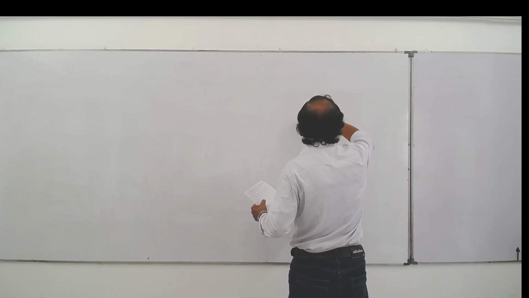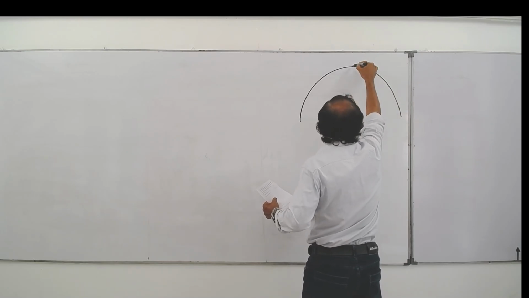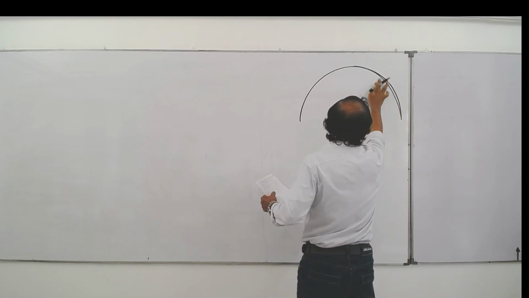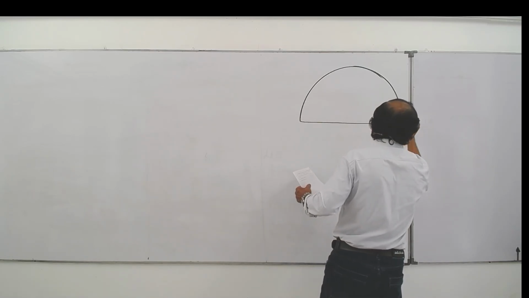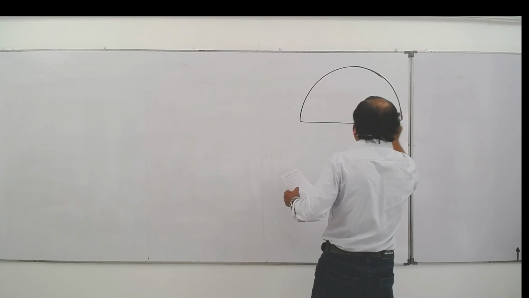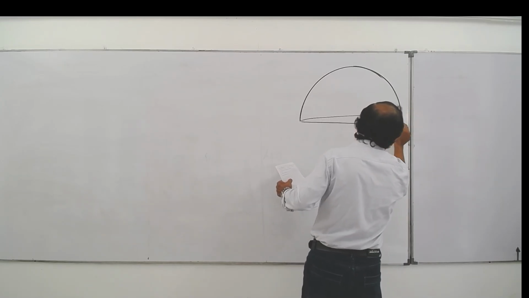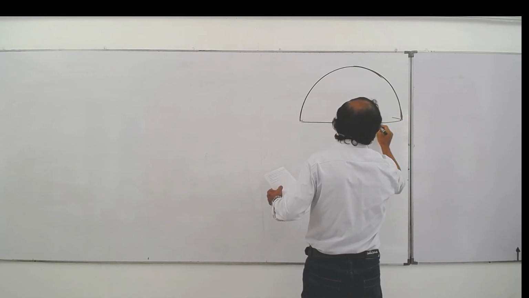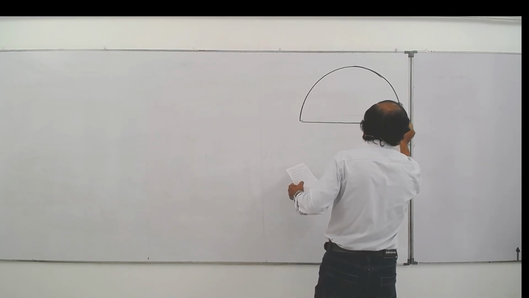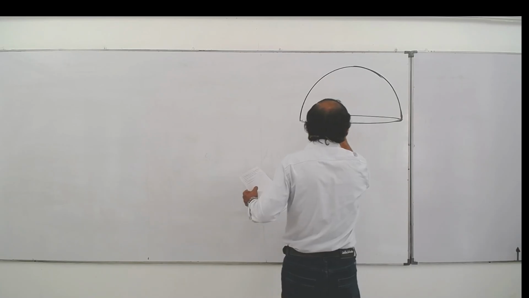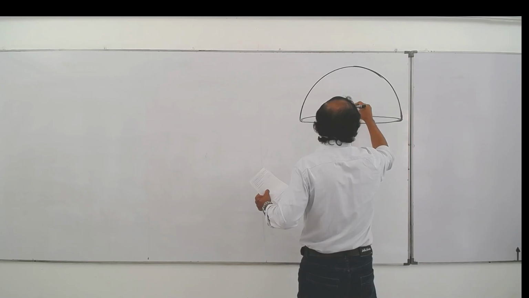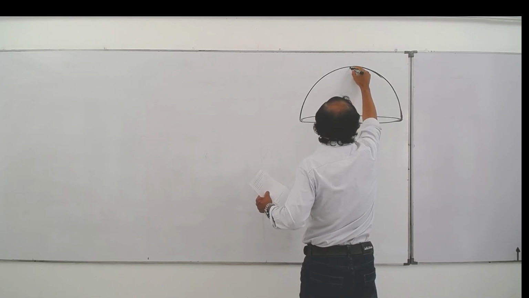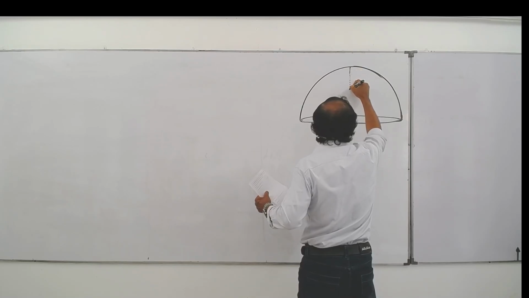You see, we have to draw the cylinder, the axis of the cylinder and the axis of the hemisphere being the same, coincident.